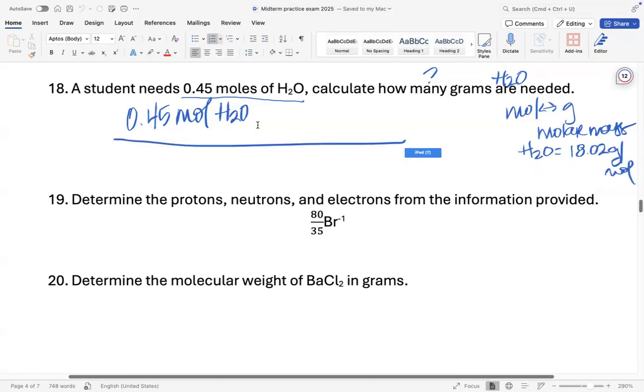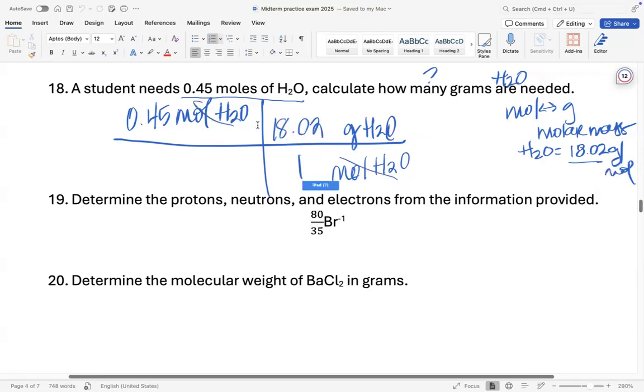So we're going to put our given on top, 0.45 moles of H2O. We want moles of H2O on bottom and grams of H2O on top. This number is married to the gram, so since we decided to put the gram on top due to wanting to cancel the moles, we're going to put that number with it, leaving us with 1 mole on bottom.